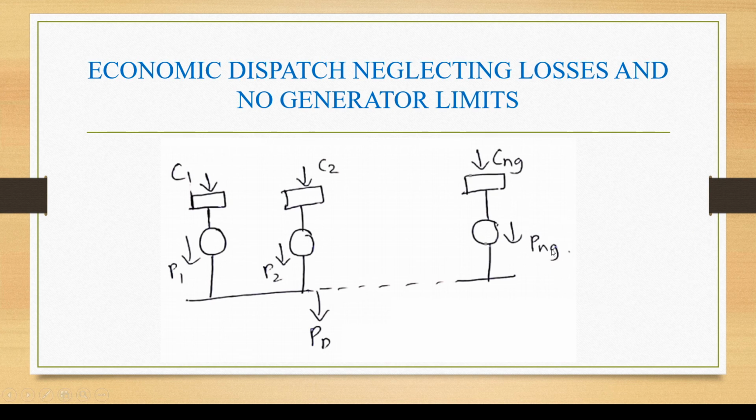These are the costs C1, C2 and so on till CNG, and this is the demand. PD is the demand here. So we are neglecting the line losses in this case, and we are assuming that the system has only one bus and all the generation and all the loads are connected to it.